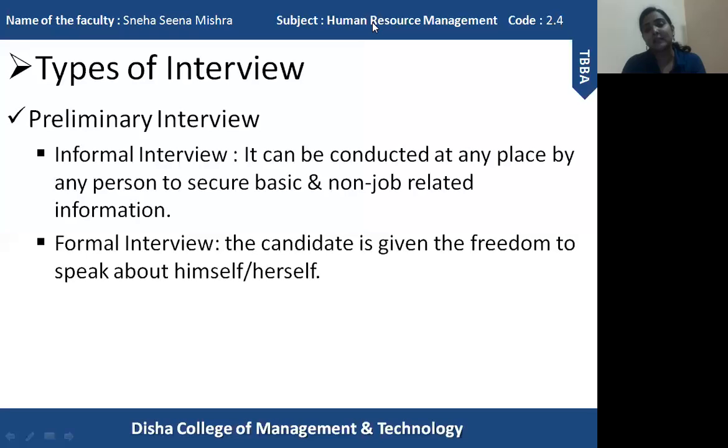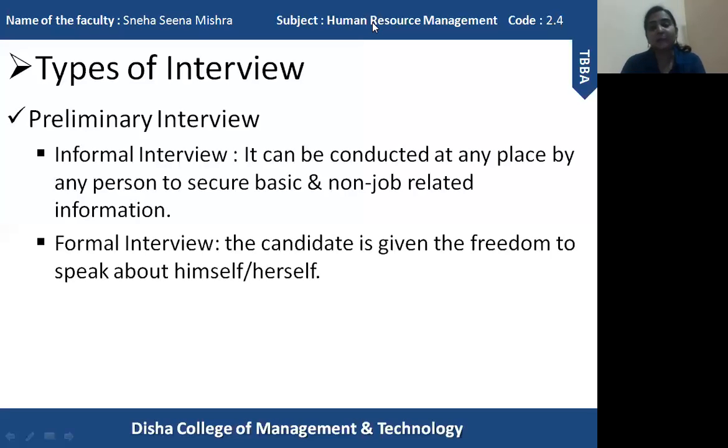The management collects some basic information regarding the candidate, and the candidate also gathers some information regarding the types of jobs which are vacant, what would be the salary structure, and in which category these jobs are. At the same time, he or she also provides some information to the organization.